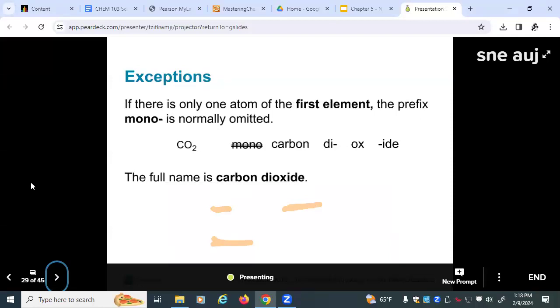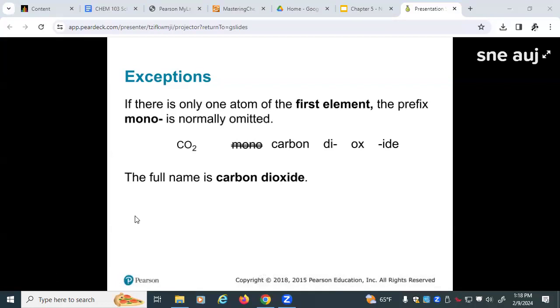There are a couple of exceptions that we do want to pull out, however. One of the exceptions is that if the first element is 1, we don't need to say mono for it. In that particular case, the mono can be assumed. So, for example, CO2, we don't need to say monocarbon dioxide.